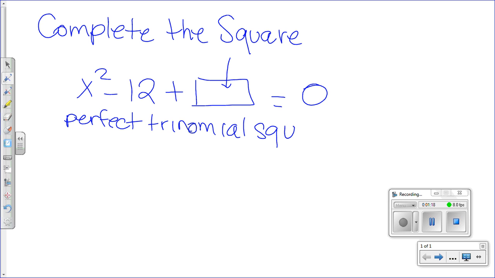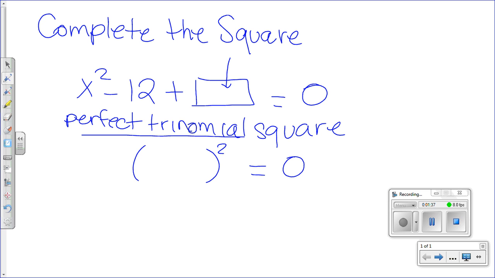So we're going to force the expression to be a perfect trinomial square. And why do we want to do that? Because we want to be able to factor it as a binomial square so that we can solve a quadratic equation. There are other reasons why we use complete the square, but that's one of them.